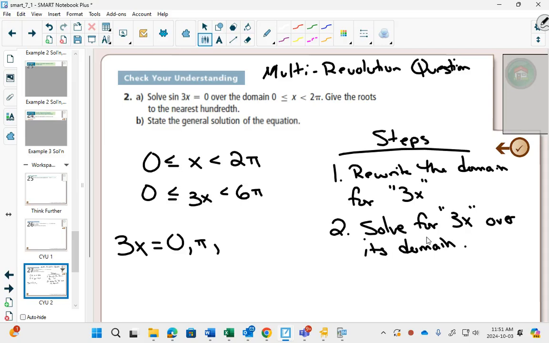So with the 3 inside, I call it a multi-revolution question because initially you solve 3 times around the circle, more than once. So we will include 2 pi. Do we keep going? Yes, we would include 3 pi, and 4 pi, and 5 pi, but you wouldn't include 6 pi because the textbook is being mean and tricky by not including that little line under the less than sign.